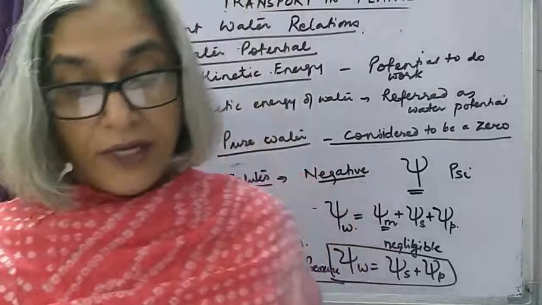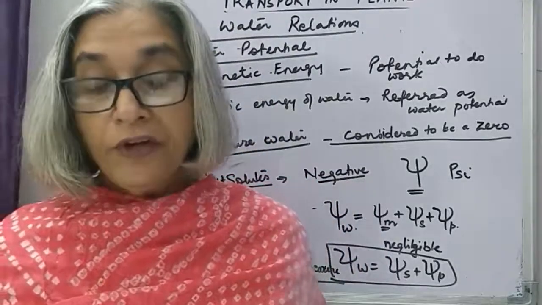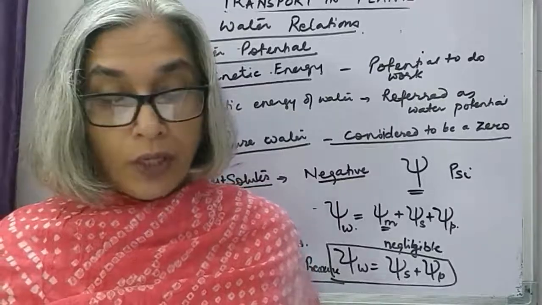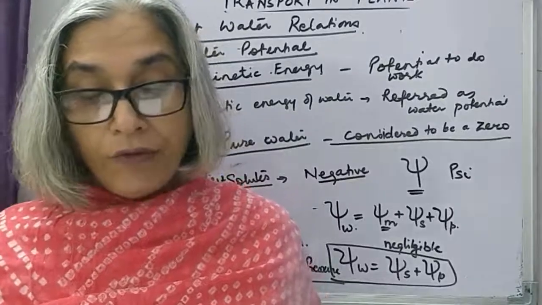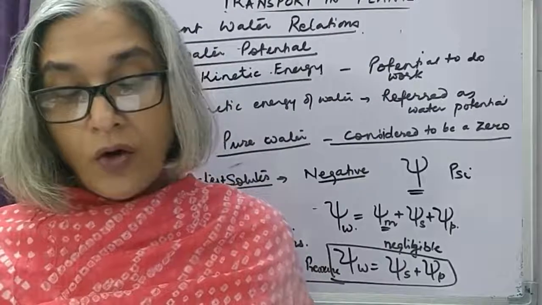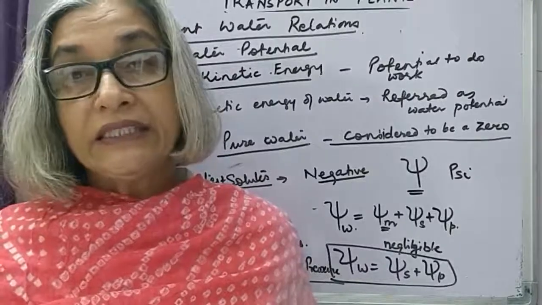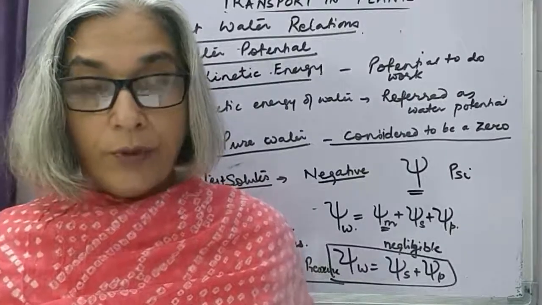So I will just read out about water potential. Free or kinetic energy represents the potential to do work. The kinetic energy of water is referred to as water potential. The greater the concentration of water in a system, the greater is its kinetic energy or water potential.